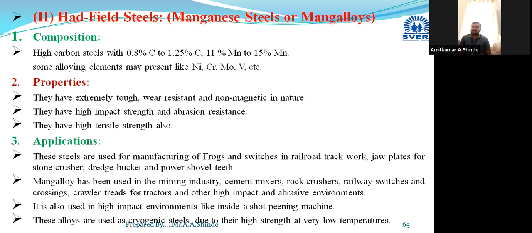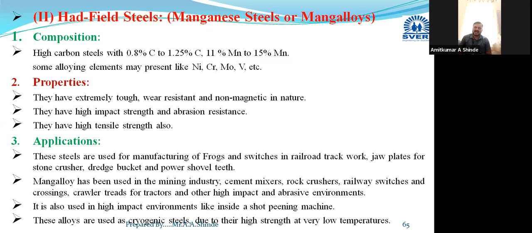Now, depending on the composition, you can write down their properties. As it is a high carbon steel, it has very high strength and hardness, and their wear resistance will be very high. They have extremely high toughness, very good wear resistance, and they are non-magnetic in nature. They have very good impact strength, very good abrasion resistance, and high tensile strength.